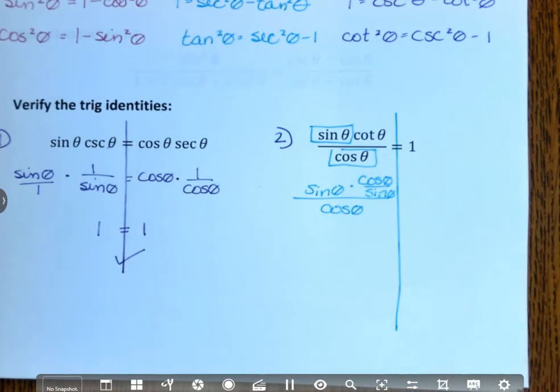And ladies and gentlemen, once we get to something that looks like that, you should start to see how things are going to fall apart the way we want. Things just start to simplify out. The problem is, and this is very important, are you guys listening to me on this one? You can only do one step at a time. You must show every step. That means, what would you do first here?